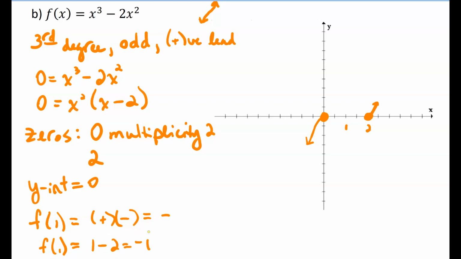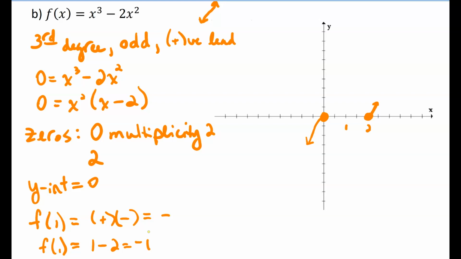Okay, so again, we know that the graph has to be below the x-axis now. Was there another clue that we already had that was going to happen? It goes down one way and goes up the other way. Unless it just touches the x-axis, why is it touching the x-axis?